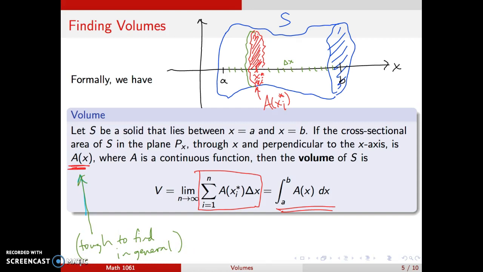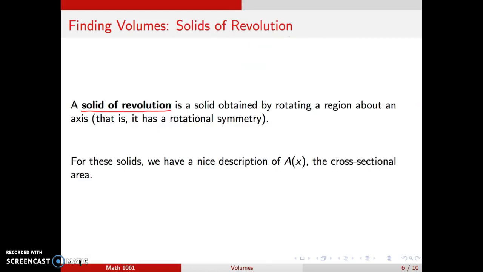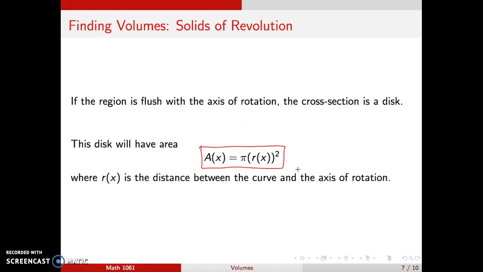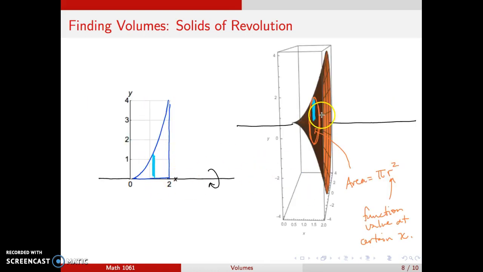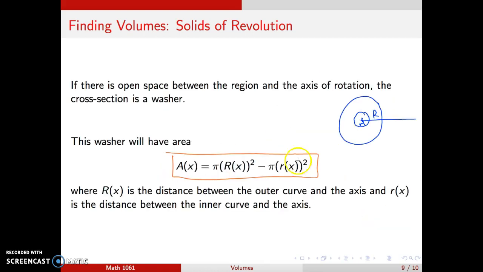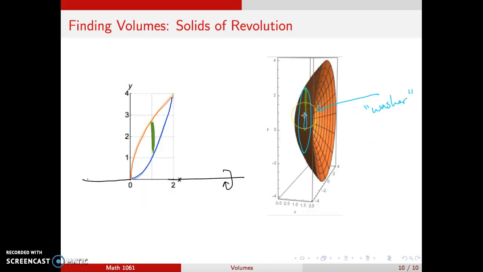But again, a lot of our examples, not all of them, are going to be solids of revolution. In that case, that A of x is, relatively speaking, easy to find. You either have a disk, which would look like this, or you have a washer, which is a disk with a disk missing from the inside. Looks like that. So those are your two options as solids of revolution. We also want to know the general case as well. And yeah, that's it for this.